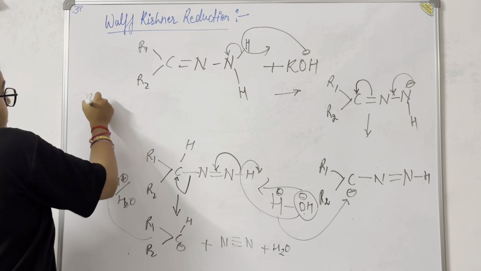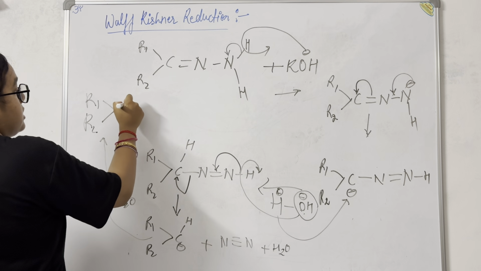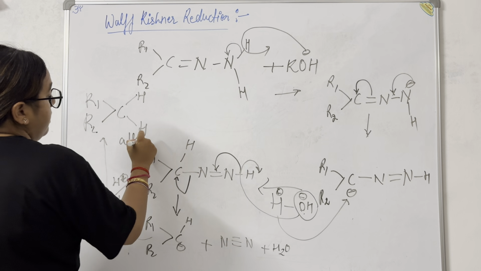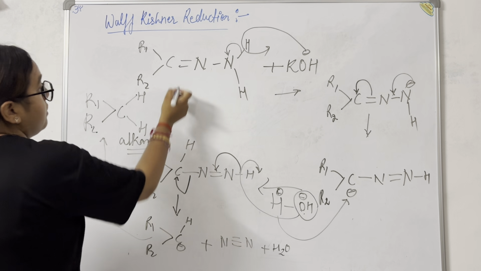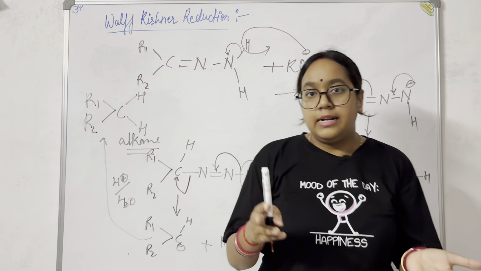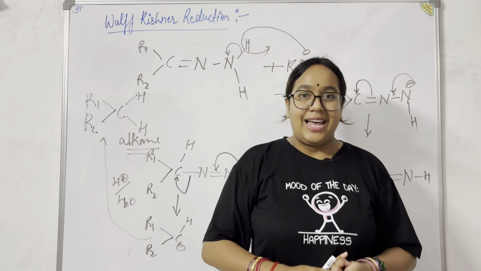We get R1, R2 attached to carbon, hydrogen and hydrogen. Here we get alkane from aldehyde. So I hope it looks easy to you, and by practice you will understand it better. And thank you for watching.